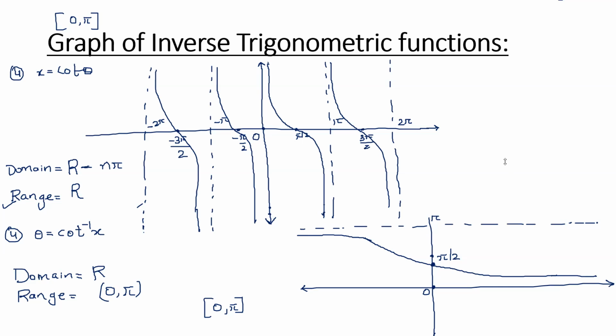We have started the inverse trigonometric function, so we are doing the graphs. Four graphs have already been done, Umair. We will do the 5th and 6th graph, and after that I will form a table. You need to remember that one.